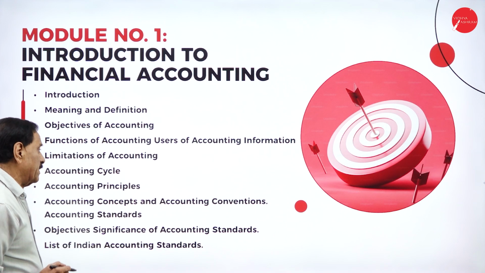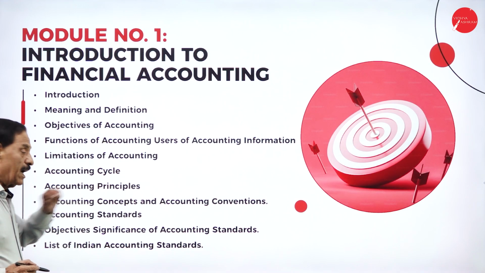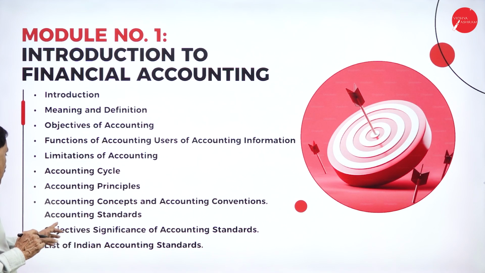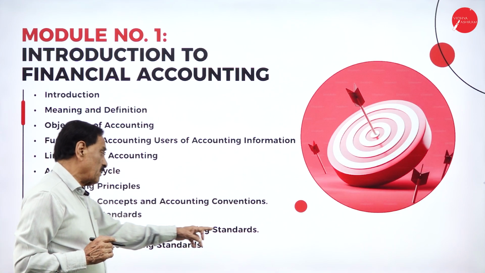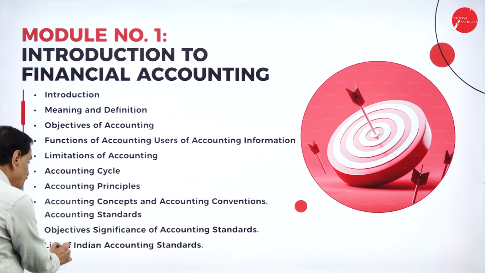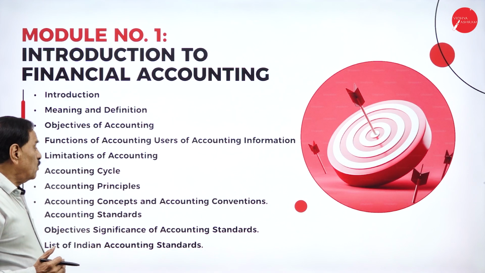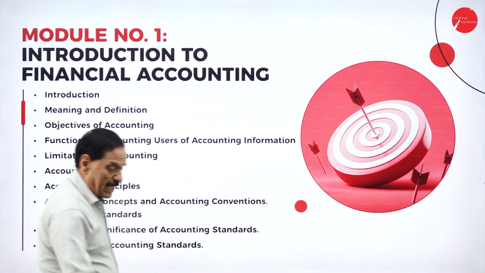This is very important. Major questions they will ask. Accounting standards, what the accounting standards are, objective, significance of accounting standards, list of Indian accounting standards. There are so many names. We are going to disclose the list of accounting standards.